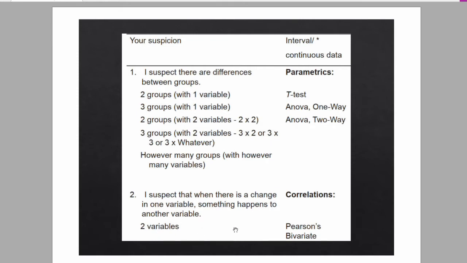If you have more than two variables, people usually look at things like regression. So if you see regression, multiple regression, hierarchical multiple regression, then that's what they're doing. They're still looking at associations. So all the association ones are correlations and regressions. The ones having to do with analyzing groups are ANOVA and t-tests.